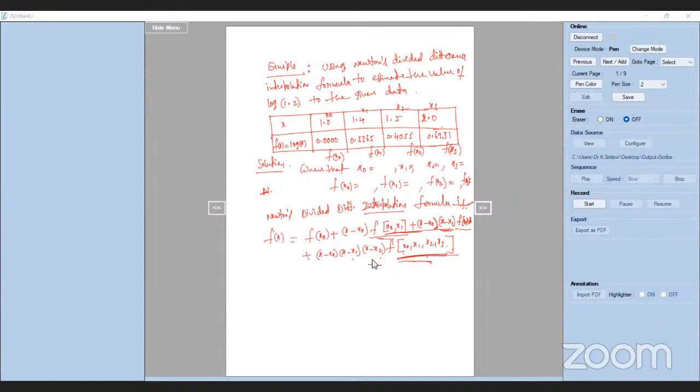Examples are given in your textbook. At least one you have to do, and then you can do any problem they give. But first you have to know how to apply this formula and when we can apply it. Remember these two points, and then only you can get the problem in the examination.